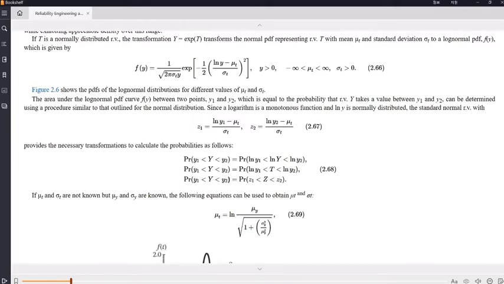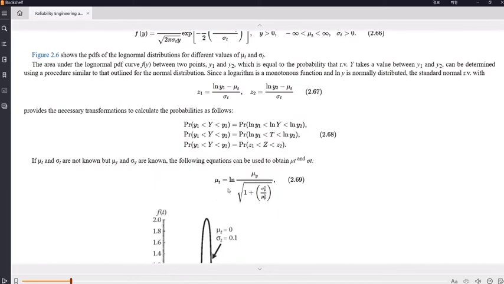So to define this distribution, we need not the mean value and the standard deviation of y. What we need is the mean value and standard deviation of t. Not the distribution itself, but the mean and standard deviation of the normal distribution.